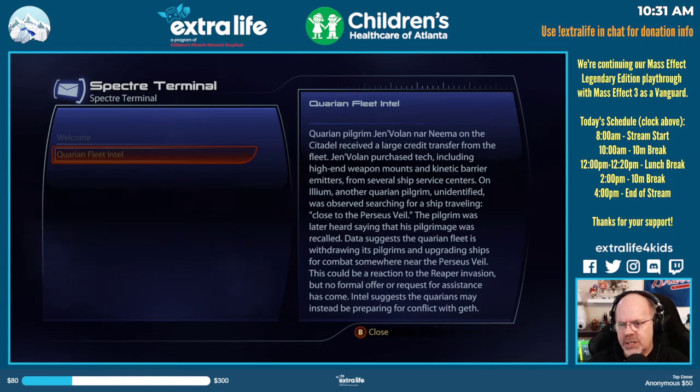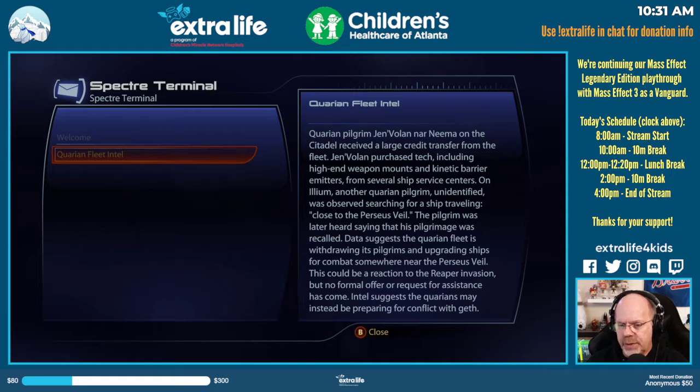Valan purchased tech, including high-end weapon mounts and kinetic barrier emitters from several ship service centers. On Ilium, another Quarian pilgrim, unidentified, was observed searching for a ship traveling close to the Perseus Veil. The pilgrim was later heard saying that his pilgrimage was recalled.